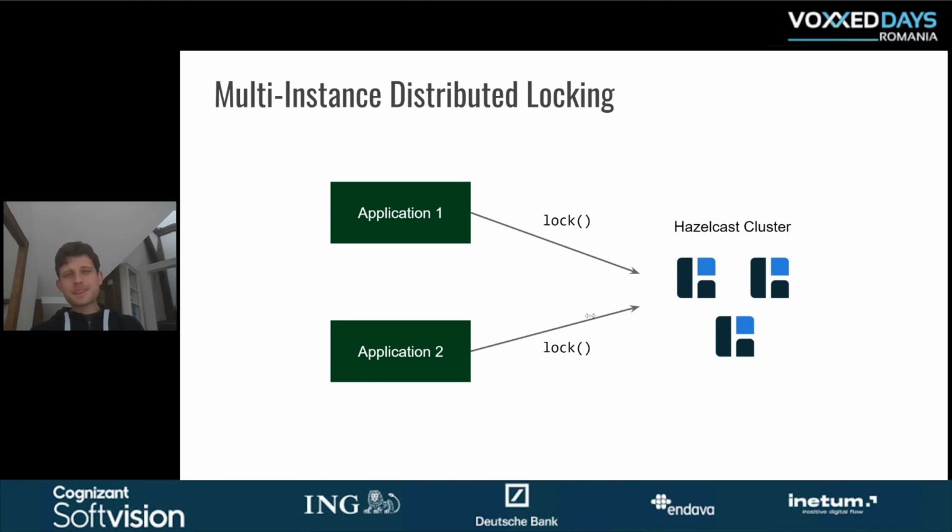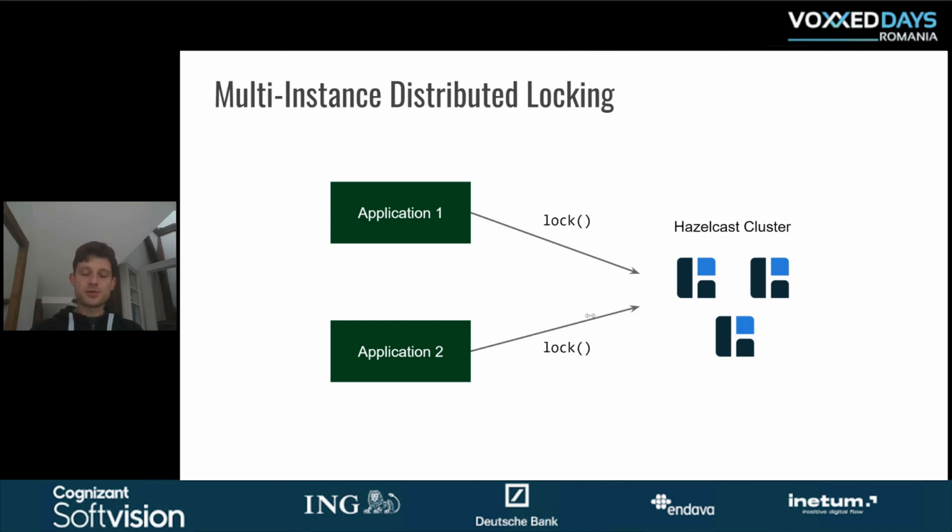But actually, if you think about it, it looks good. This looks convincing that we could use such a cluster for a distributed lock, but there is still one problem we didn't think about. Imagine the following scenario. Crashing of a single lock manager node, so a single Hazelcast member, is not a problem.